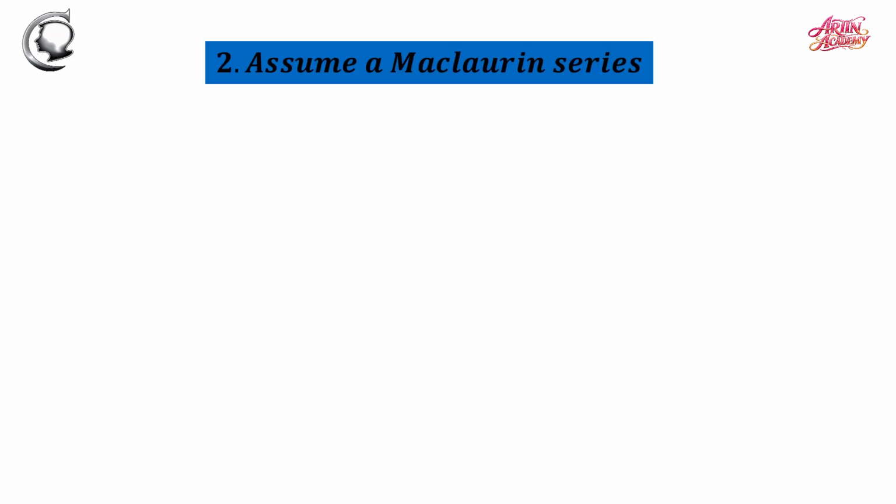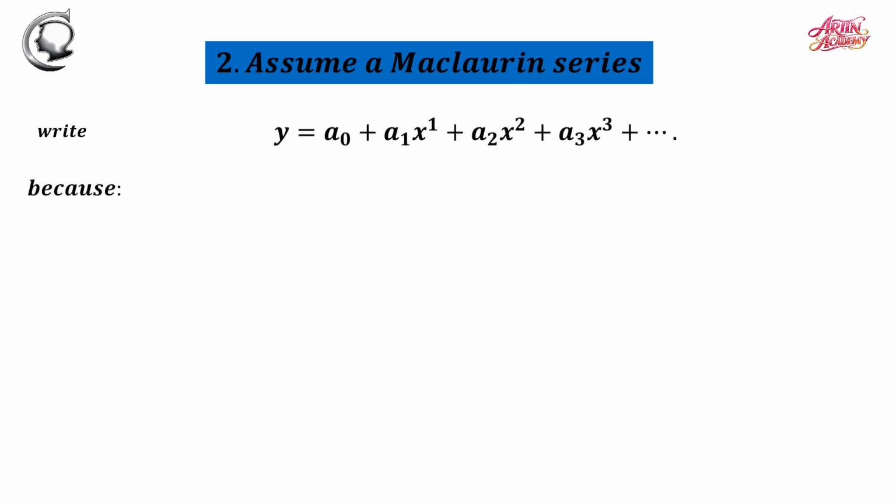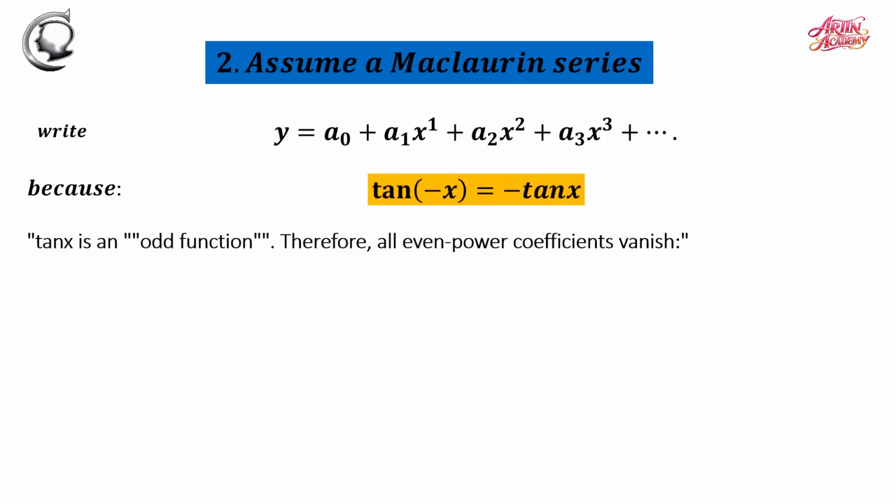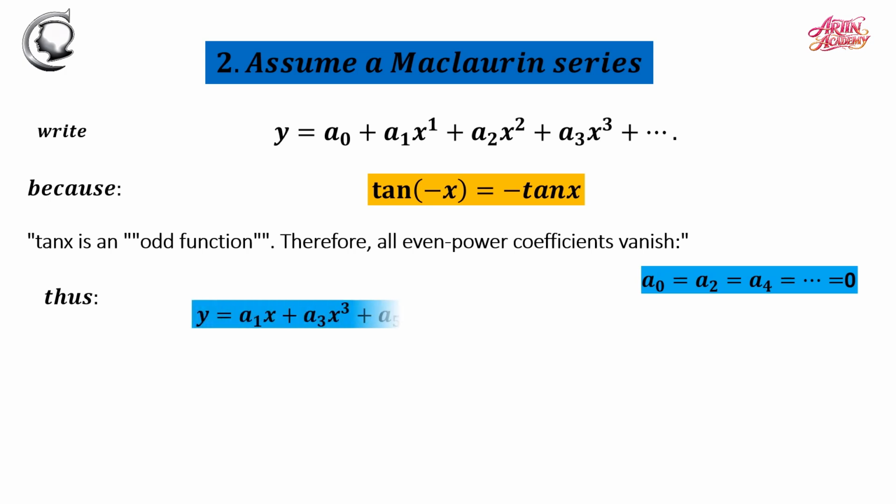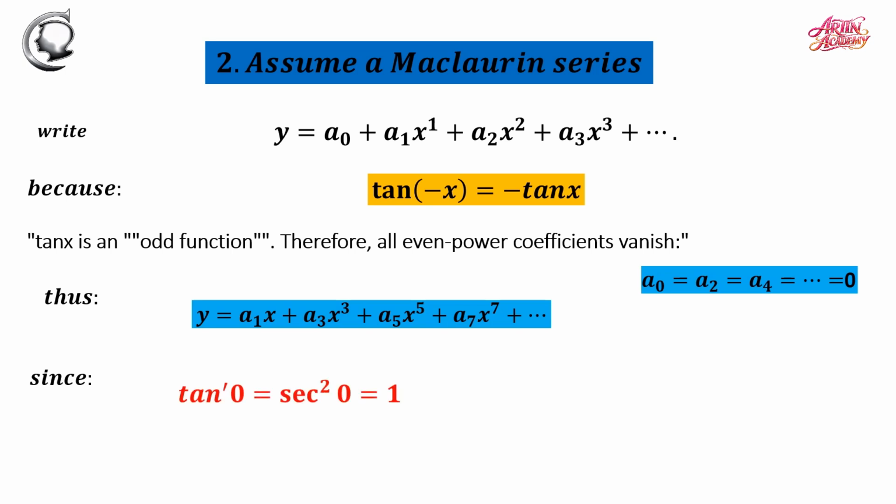Assume a Maclaurin series. Now assume that y can be represented by a Maclaurin series. Because tangent is an odd function, tangent of negative x equals negative tangent of x, only odd powers of x can appear. Therefore, we write y equals a sub 1 x plus a sub 3 x cubed plus a sub 5 x to the 5th plus a sub 7 x to the 7th plus a sub 9 x to the 9th.